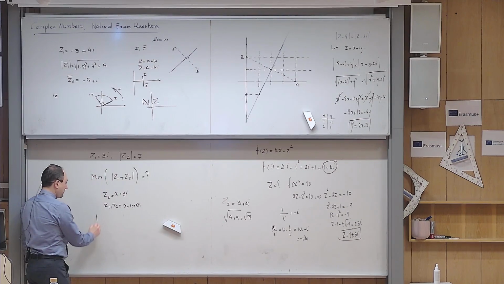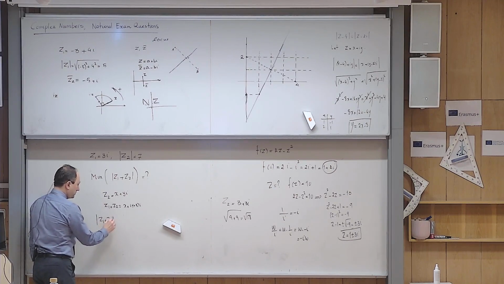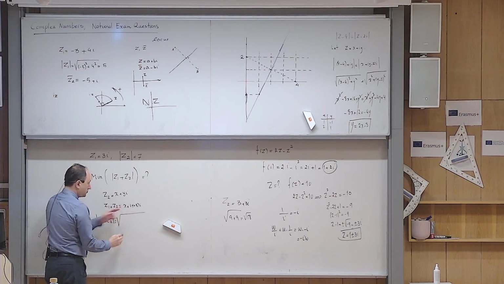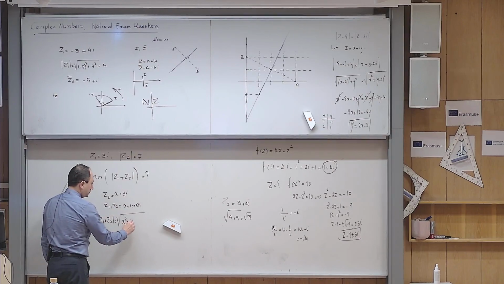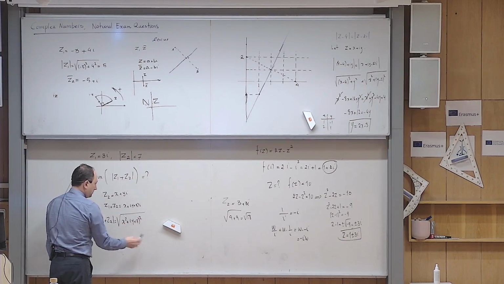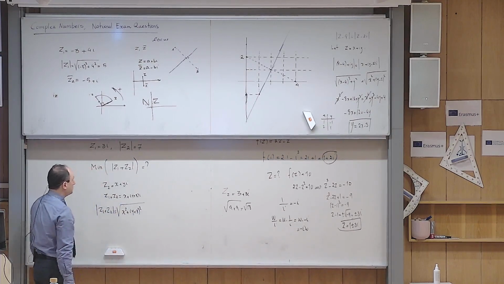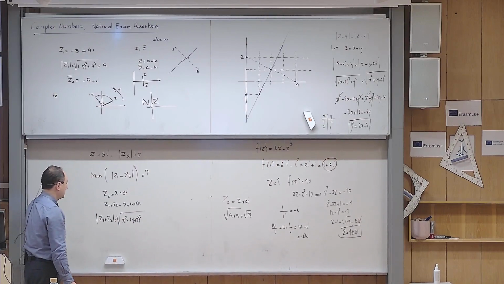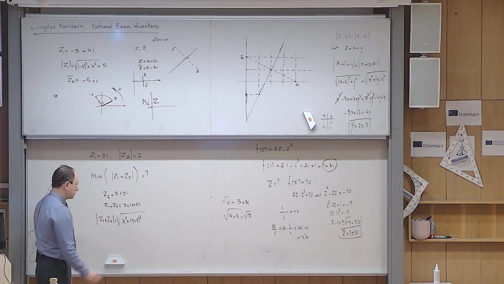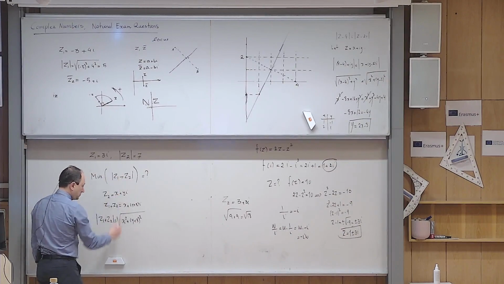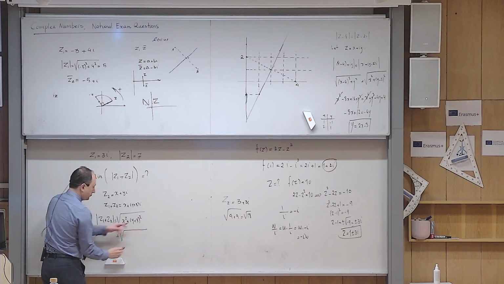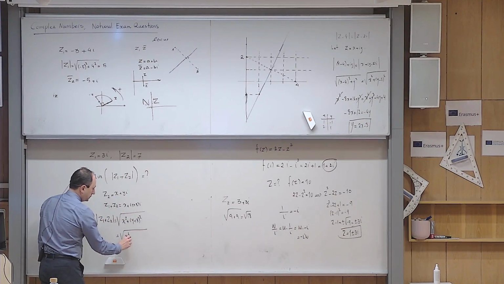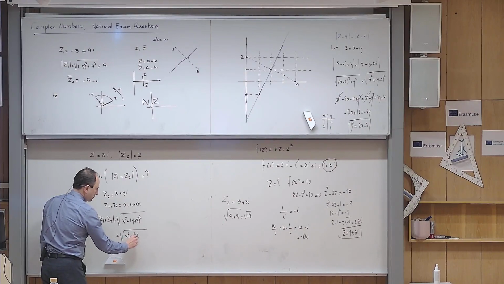So the absolute value of Z1 plus Z2 is what? Square root of this squared plus that squared. But there is something that I can probably use, and that is the absolute value of Z2 squared. So this becomes the square root of, if I expand that, x squared plus y squared plus 6y plus 9.